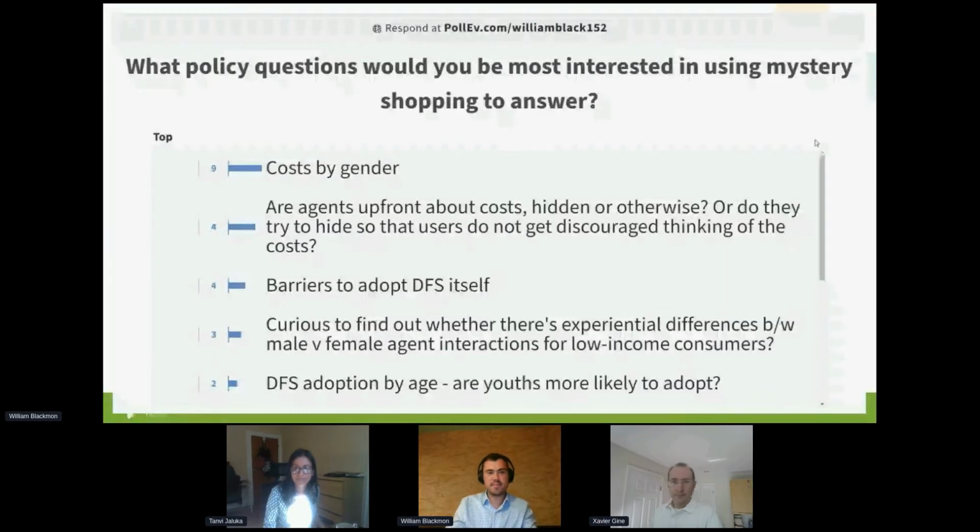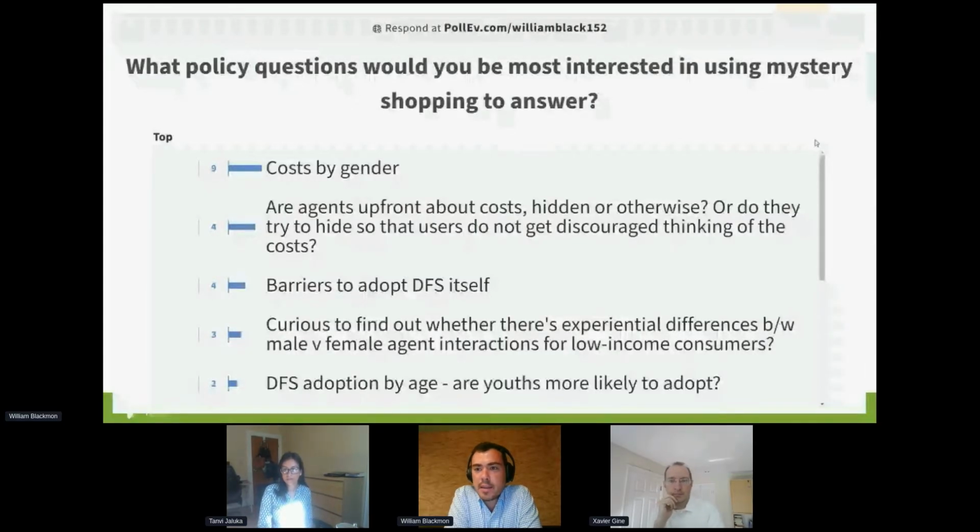Excellent, thanks Tanvi. Yeah, so gender is a key component to our work. I think we're quite interested in understanding if costs do differ by gender. And there's evidence from other studies, and I'll save that discussion for Javi, because I think he's going to talk about this. But there is evidence from other work that this should be a concern.